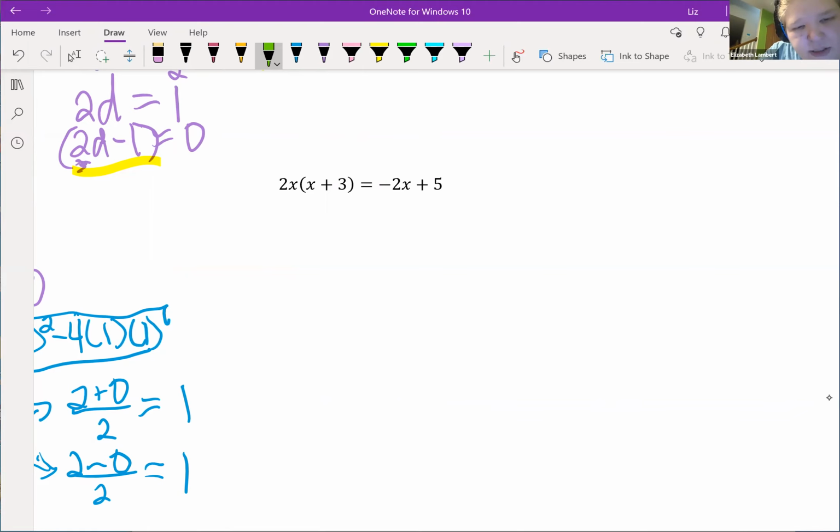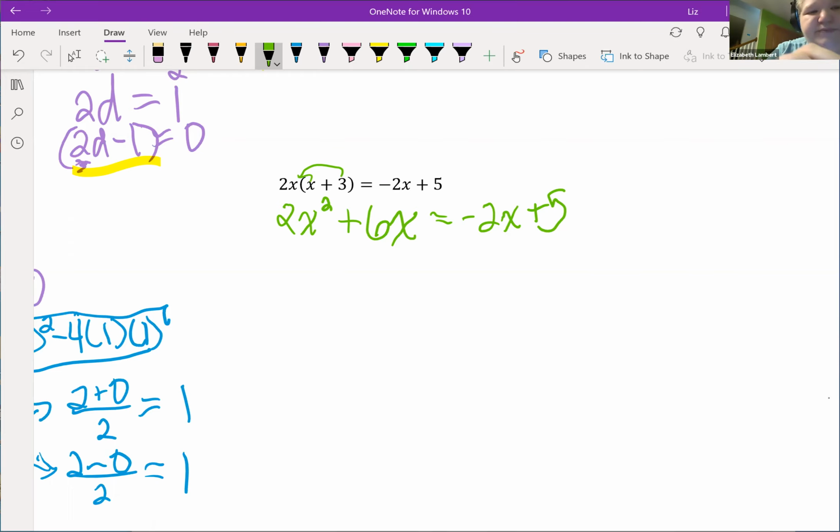All right, so we got 2x squared now plus 2x times 3, which would be 6x, equals -2x plus 5. And then since the 2x squared is positive here, I'm going to keep it here and move the stuff on the other side to this side.